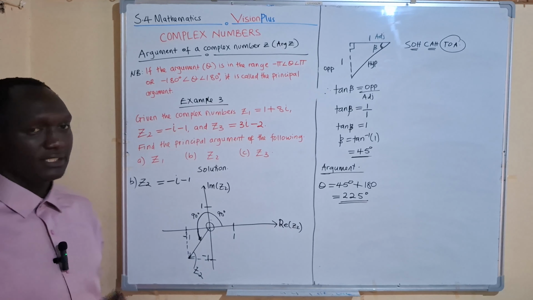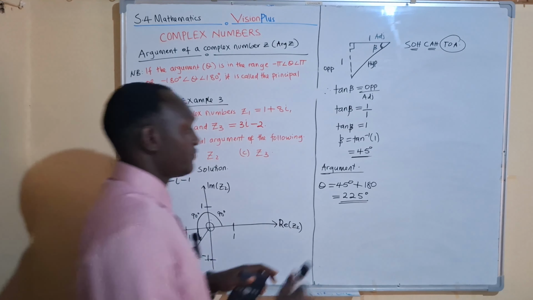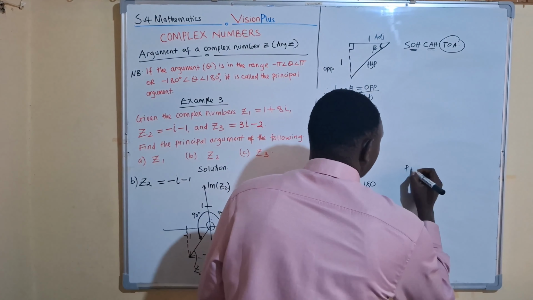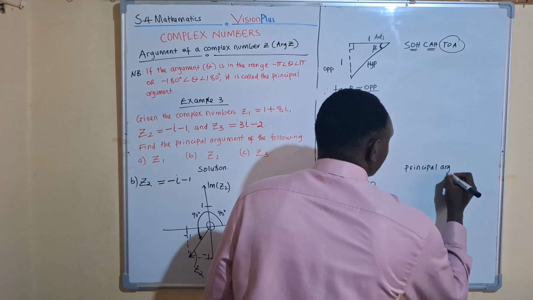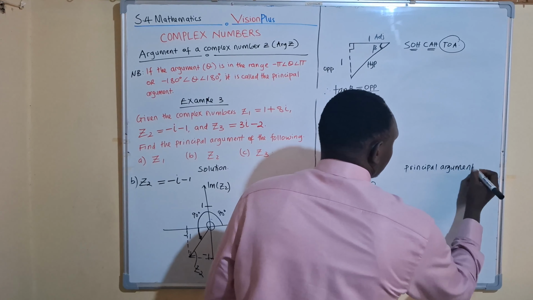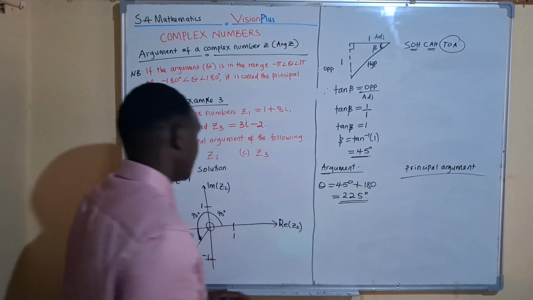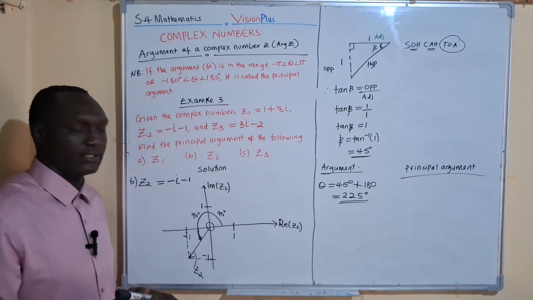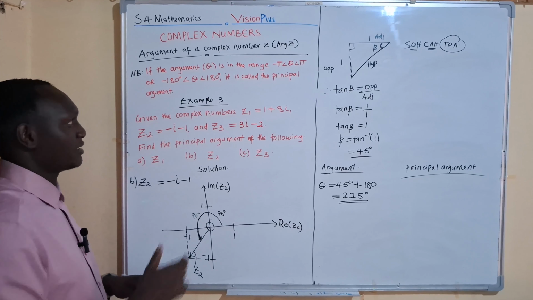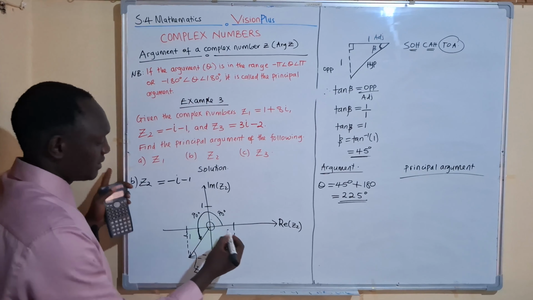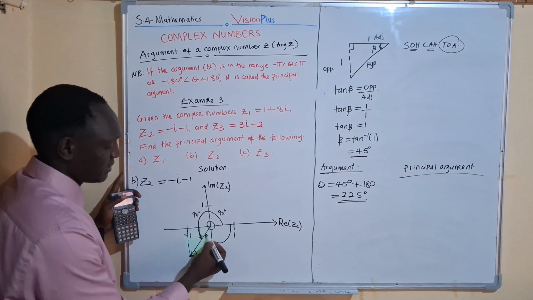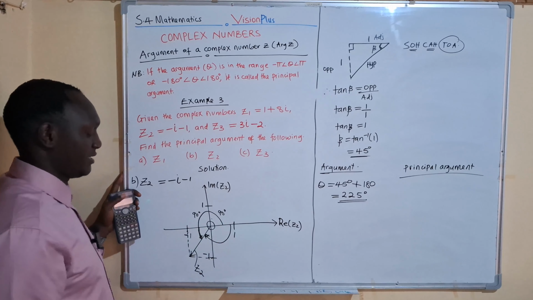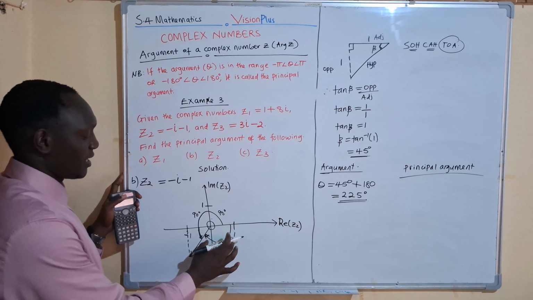That means it is not the principal argument. For us to get a small angle that can fall in this range, it means we would measure it from here clockwise. We measure it clockwise there, so that it is smaller.